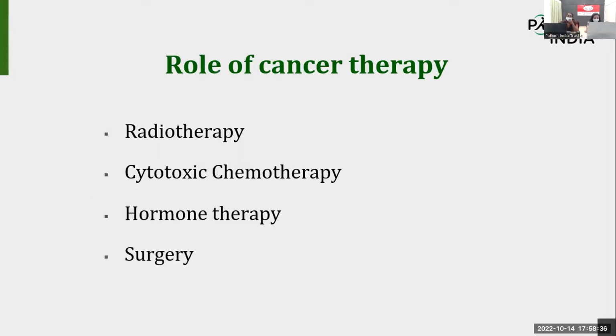So the role of cancer therapy: radiotherapy, cytotoxic chemotherapy, hormone therapy, and surgery. Debulking surgery is also there. If the patient's health status is okay, then you can think about that. And radiotherapy, cytotoxic chemotherapy, hormone therapy. If you do these, the treatment will help to shrink the size of the tumor.